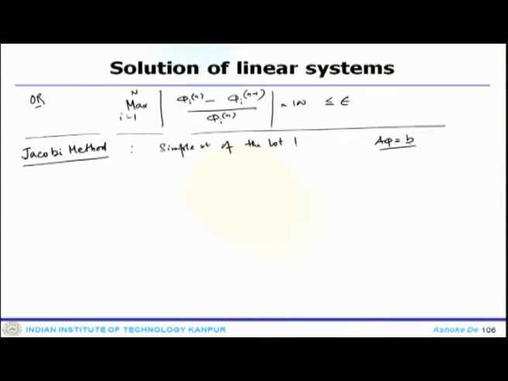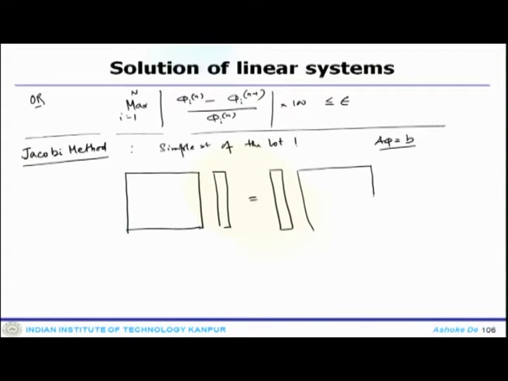Now, if someone represents this graphically, it will be like this, and you have some bandedness.